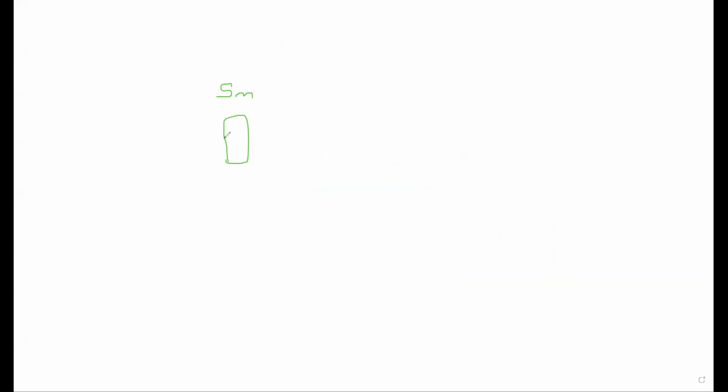What does that mean? What does 5-minute candlestick mean? This means that this candle formed within 5 minutes, right? This took 5 minutes to form.